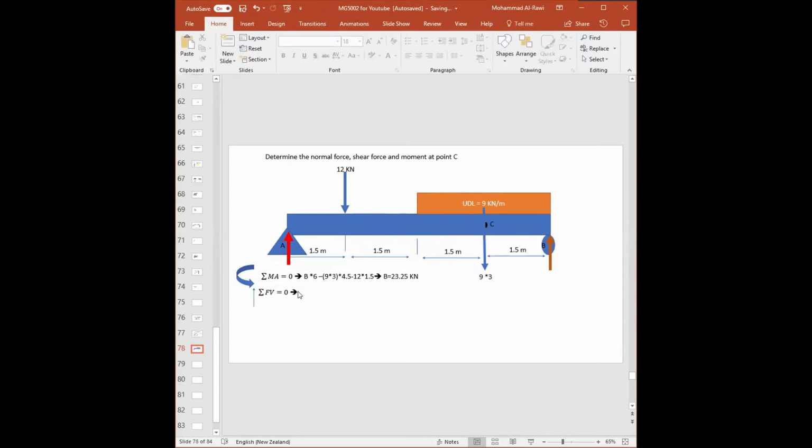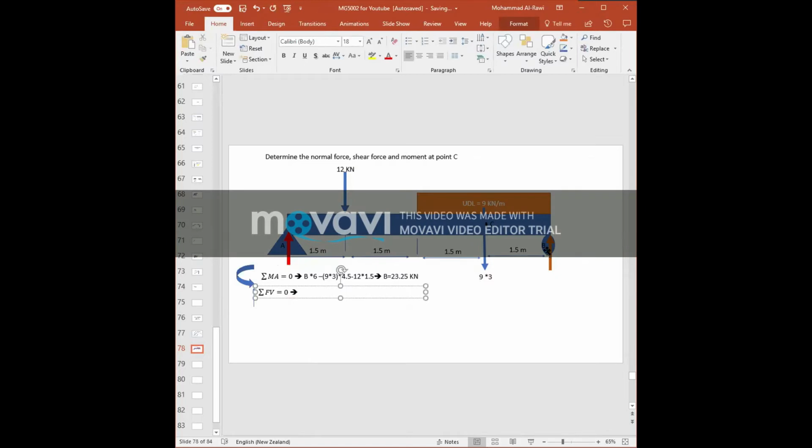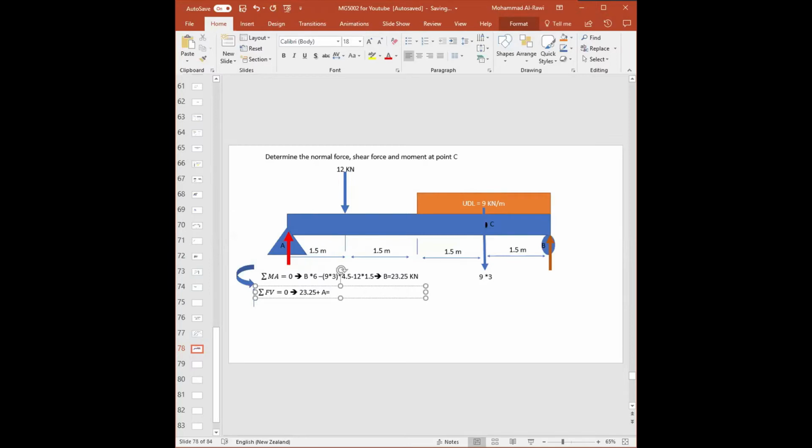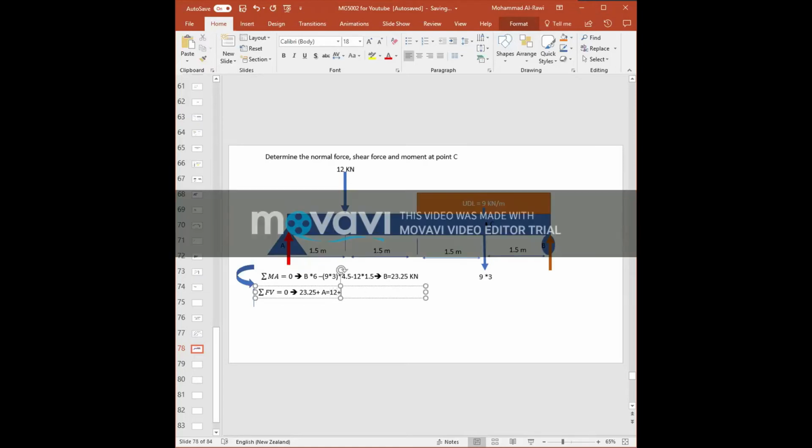All right, we start with the first force. You have the force which we just found, B, which is 23.25, plus force A going upwards, equals what? Kind of, I'm writing summation of forces going upwards equal to summation of forces going downwards. And that will be 12 plus, again, the product 9 times 3. Why am I putting the 9 times 3?